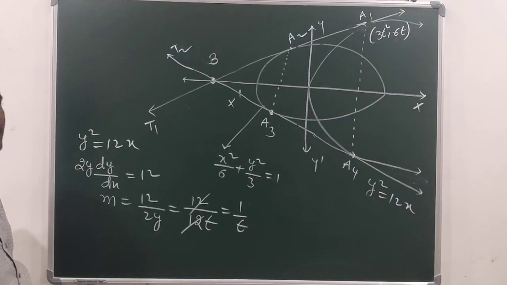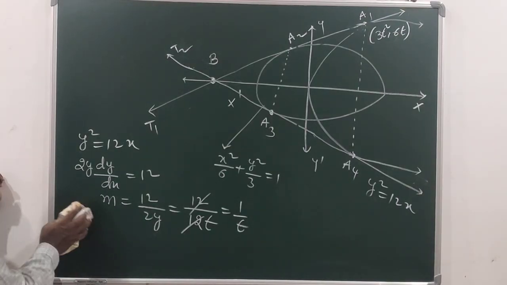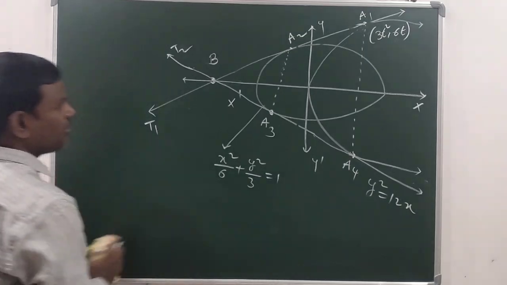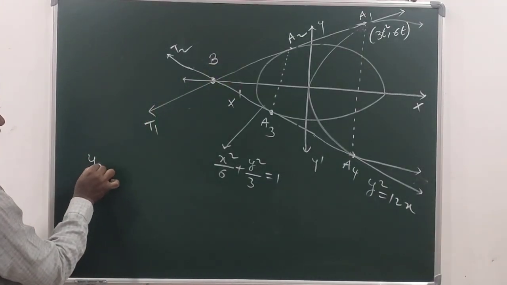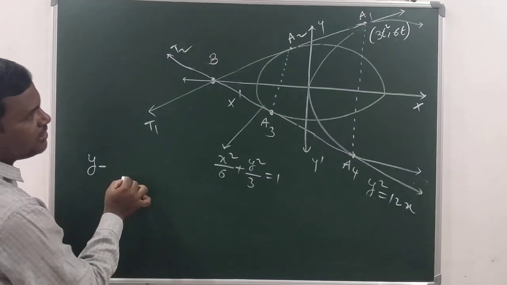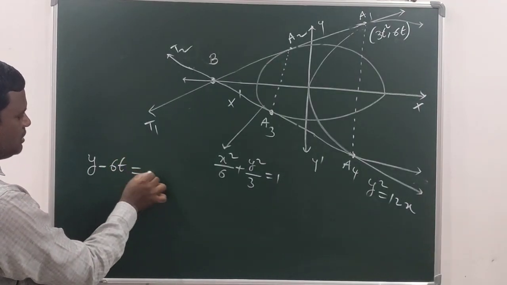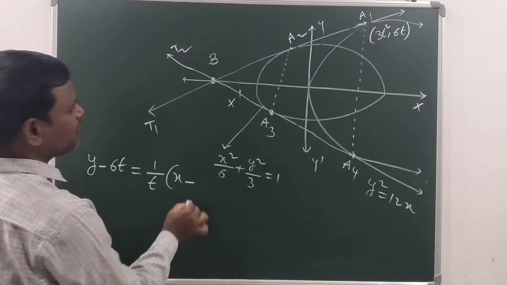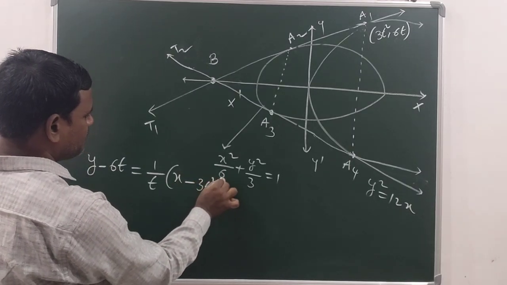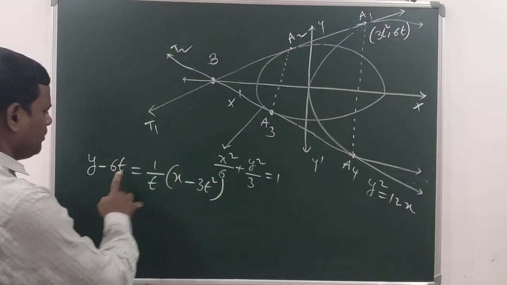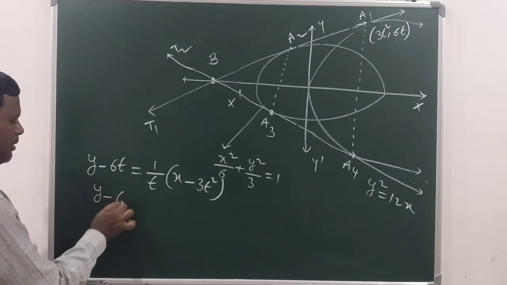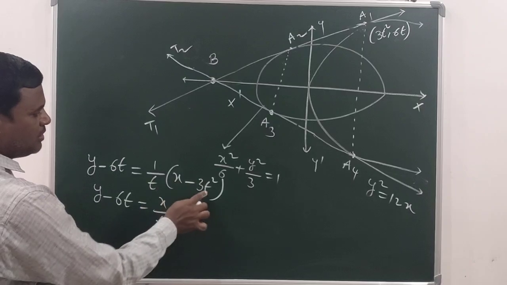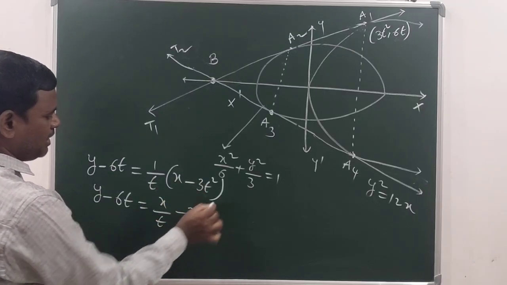Now find the equation of the tangent T1. y minus y1, where y1 is 6t, is equal to the slope of the tangent we got, 1 by t, times x minus x1, which is 3t square. Simplify this: y minus 6t is equal to x by t minus 3t.